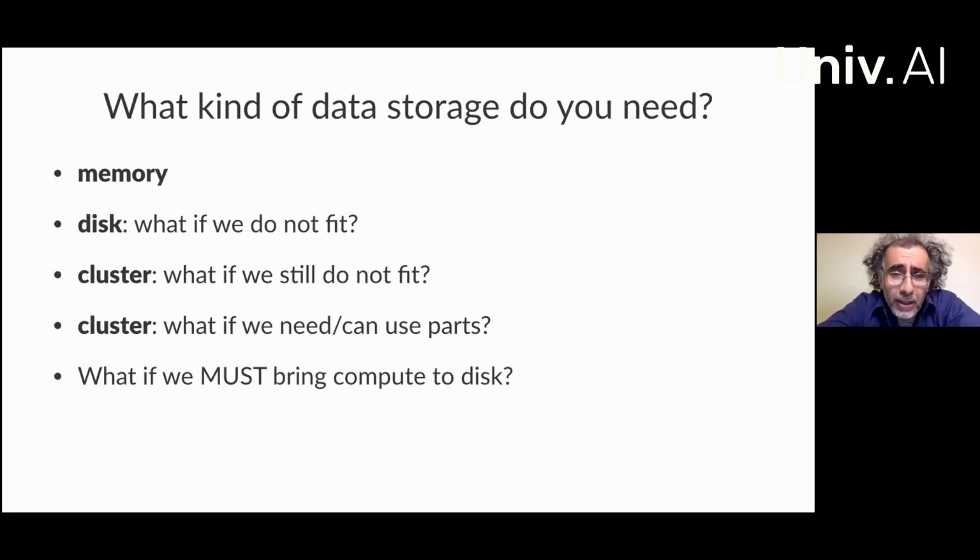But what if I need to use just parts of the data? Maybe I can then do things in parallel from a cluster. What if my data is so large that it makes no sense to move the data? Maybe I actually need to move my programs to the machines where the data are. So there are all these different modalities in which you may want to use data, and different tools have been created for this.